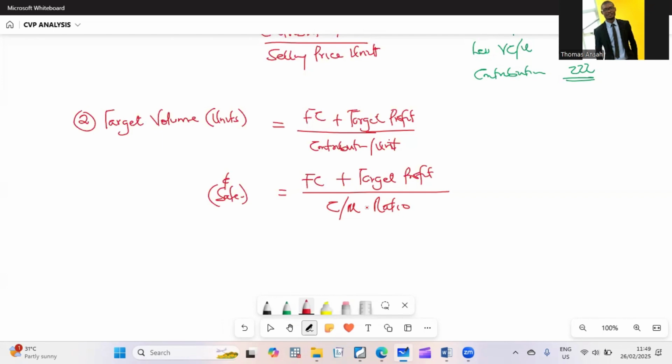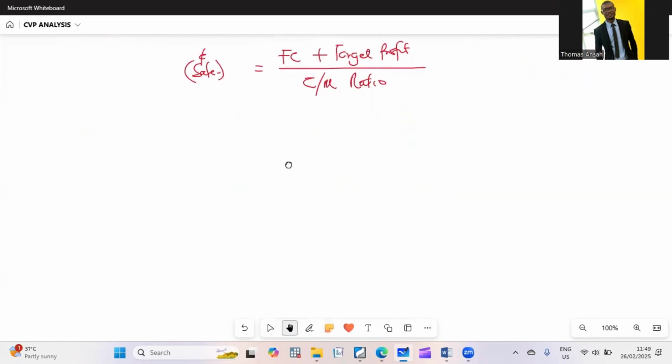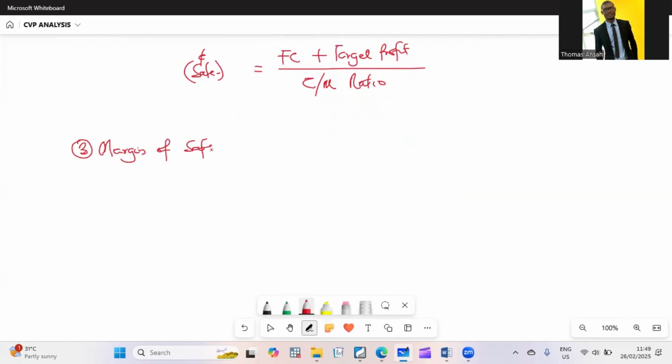Then the last one is the margin of safety. Now, what is margin of safety?